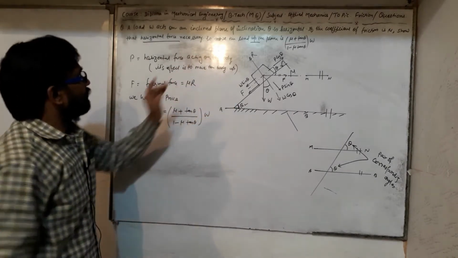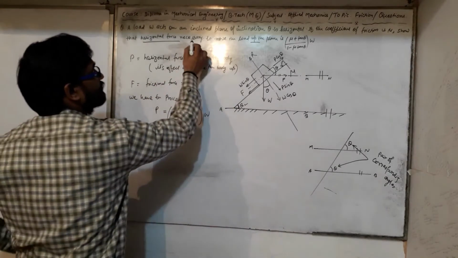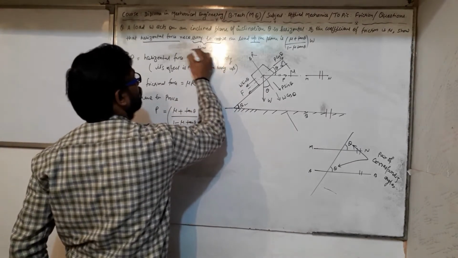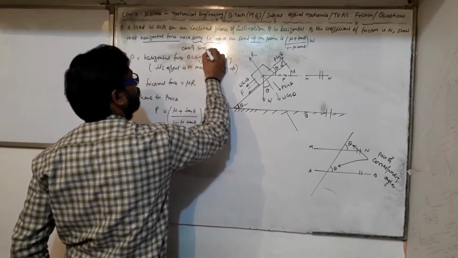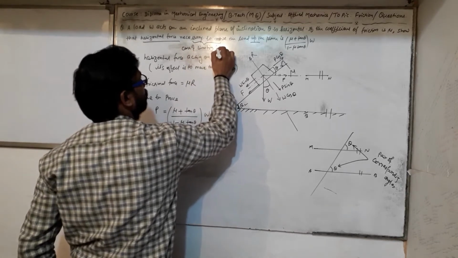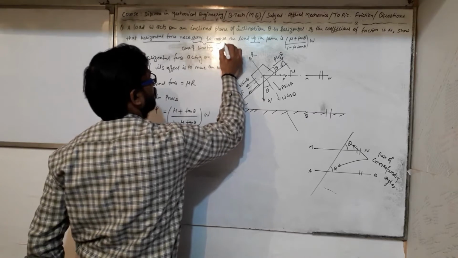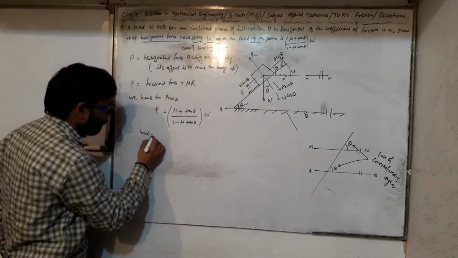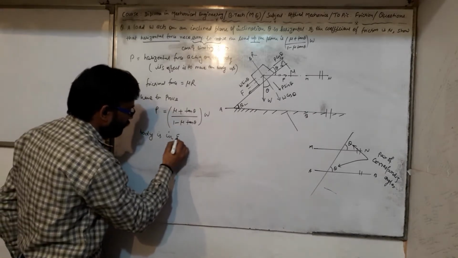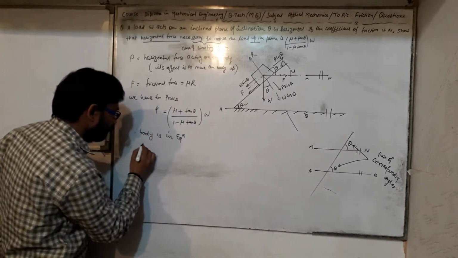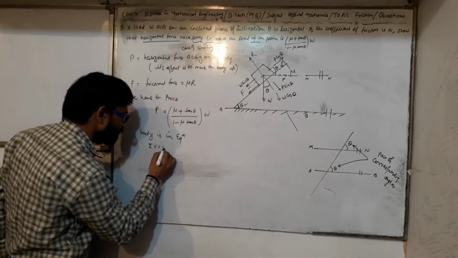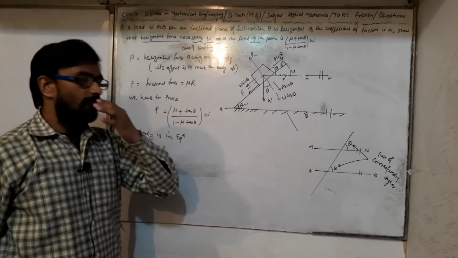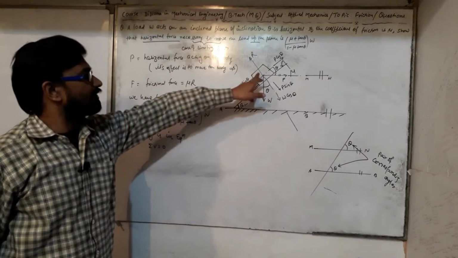Since the body is about to move, it is the case of limiting friction, okay, and since the body is in equilibrium, the summation of vertical forces must be equal to 0. See, how many vertical forces are acting on this body?